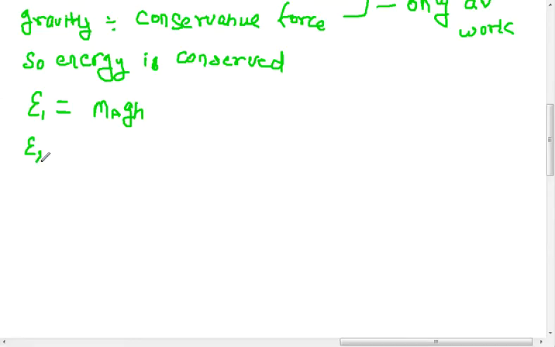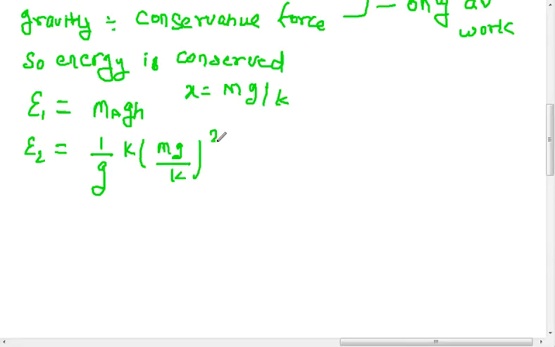E2. Here the spring has some potential energy, half kx squared, and we had calculated that x is equal to mg by k. So half k times (mg by k) squared, plus, and what is the final?